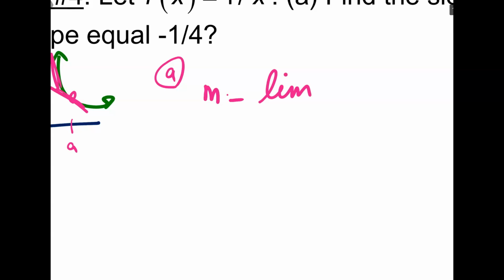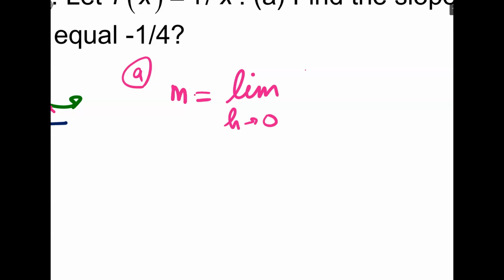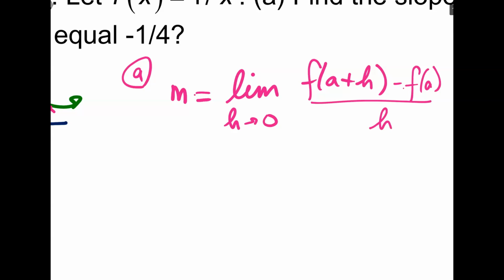So for part A, I'm going to be using m. My slope is going to be the limit as h goes to 0 of f of a plus h minus f of a, all over h.